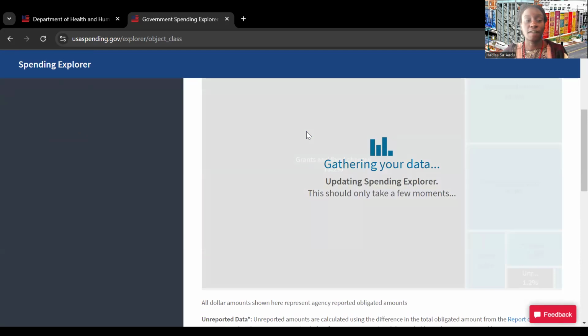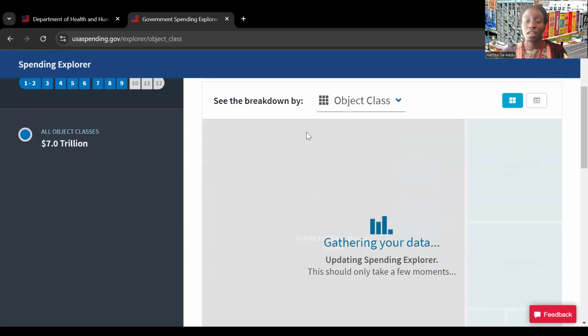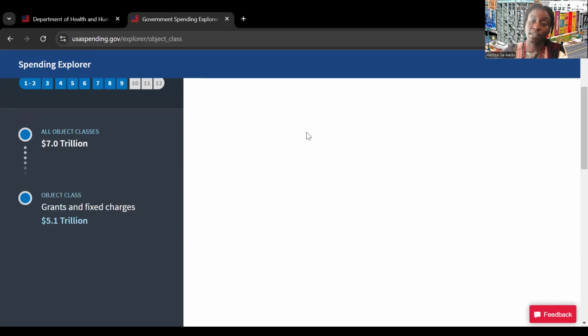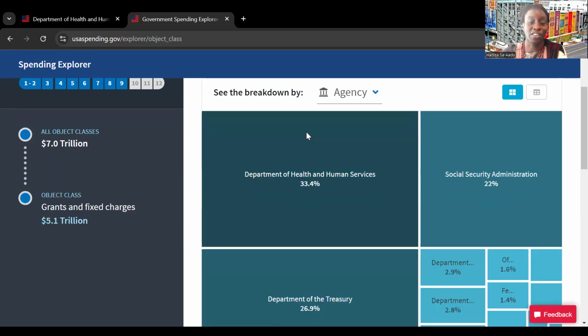Let's go ahead and look further. What does that actually spiral out into? We've taken a look extensively at the Department of Health and Human Services, but what other agencies are primarily operating in grants and fixed charges?